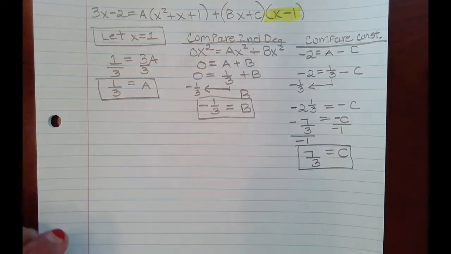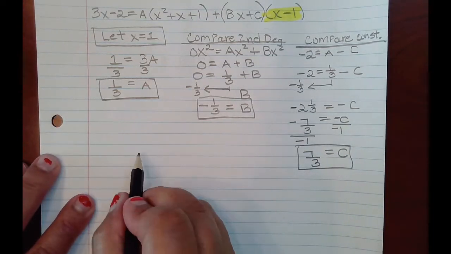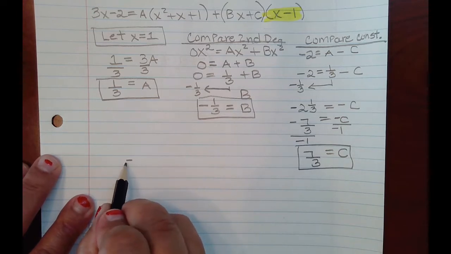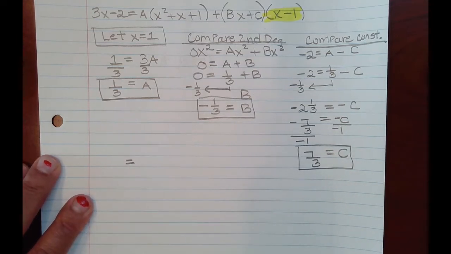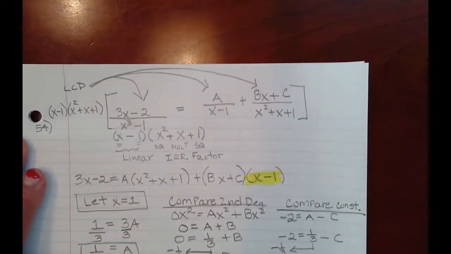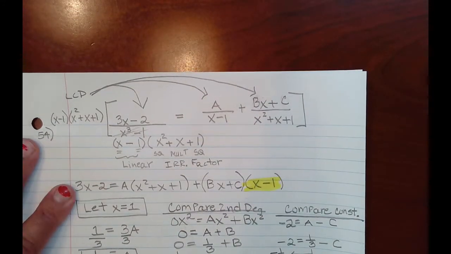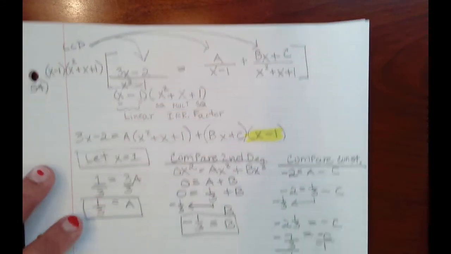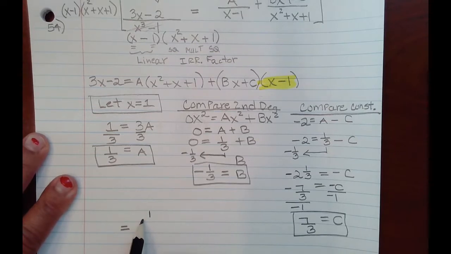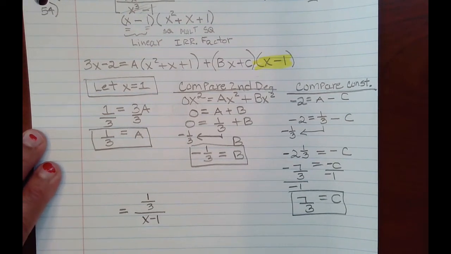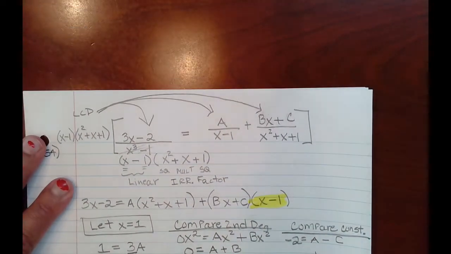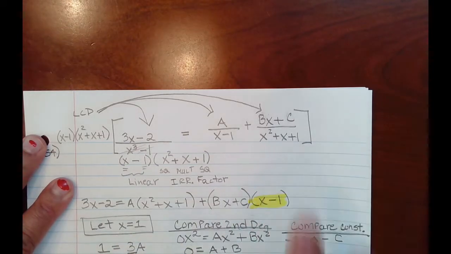I now have all 3 values, and so now I can write the numerators of my partial fraction decomposition on the right-hand side of this top equation. A gets paired with x minus 1. That A value was 1/3. So that's part of the answer. B and C get paired with x squared plus x plus 1.